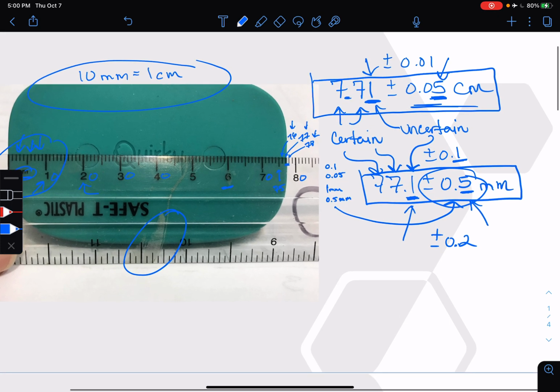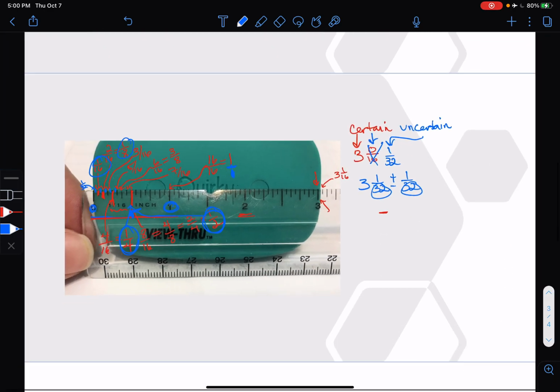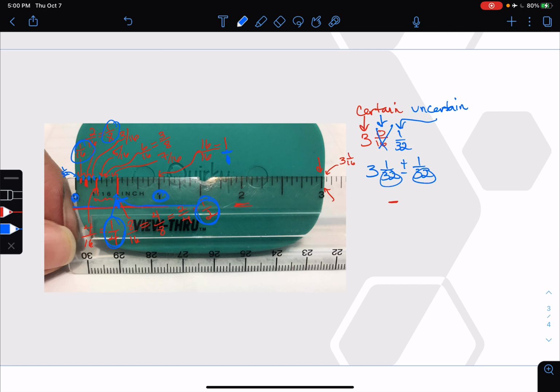Because the uncertainty is at the 32nd, you've got to get the 16ths and 32nds in your mouth there.